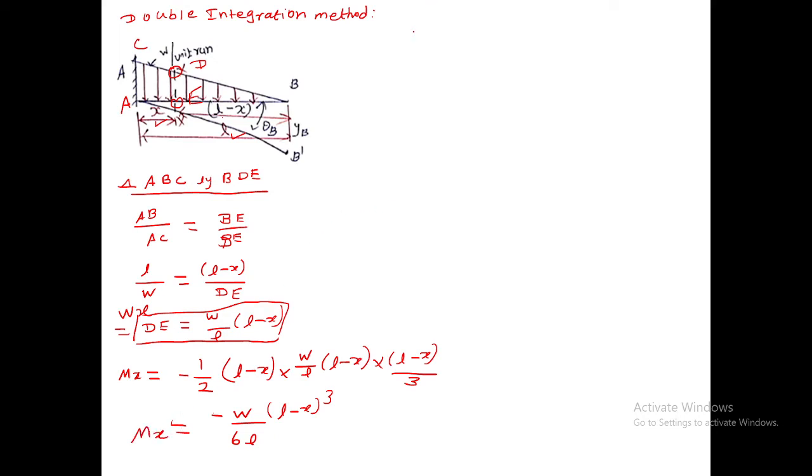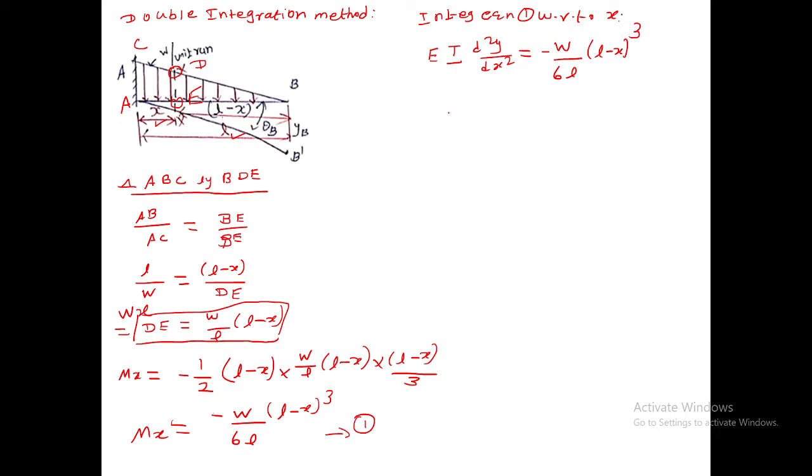Okay. So next, this is equation 1, integrating equation 1 with respect to x. The bending moment equation for the beam is EI d2y by dx2 equals minus W divided by 6L into L minus x cube.